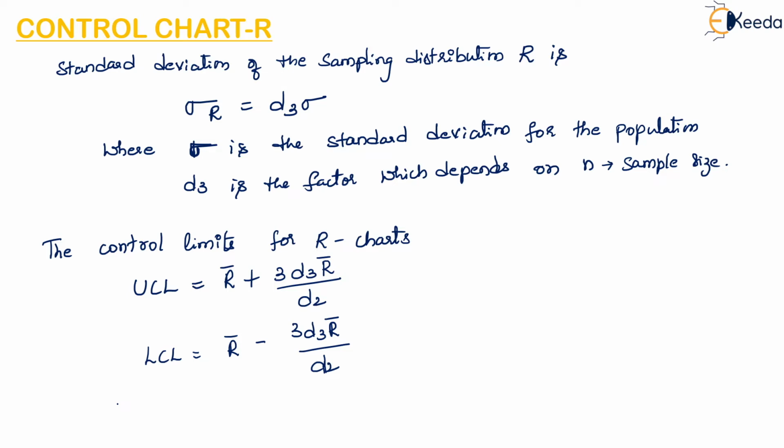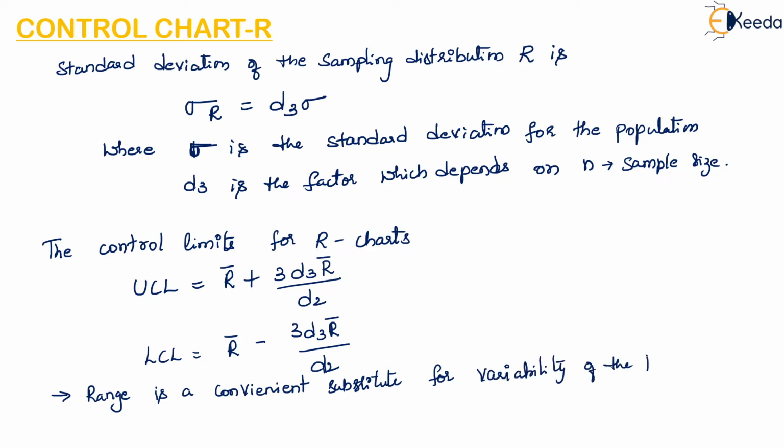Range is a convenient substitute for the variability of the process.